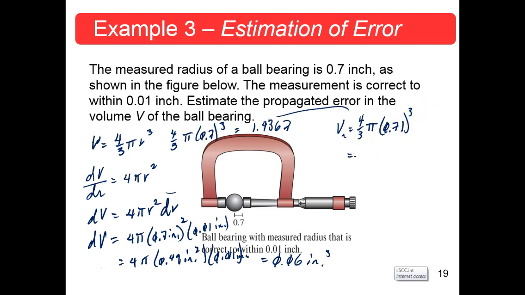What would that one be? 1.49 what? 499? Is that what you said? Okay. Let's subtract 1.4367 from that, and you get 0.0626.